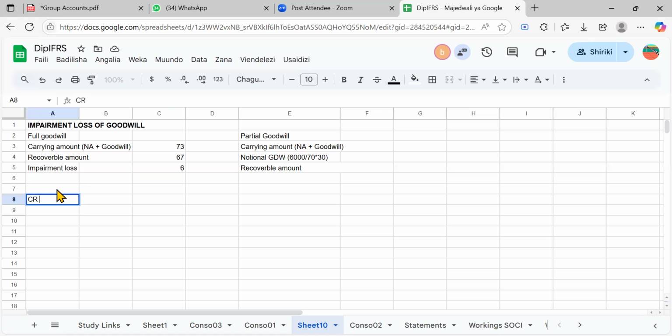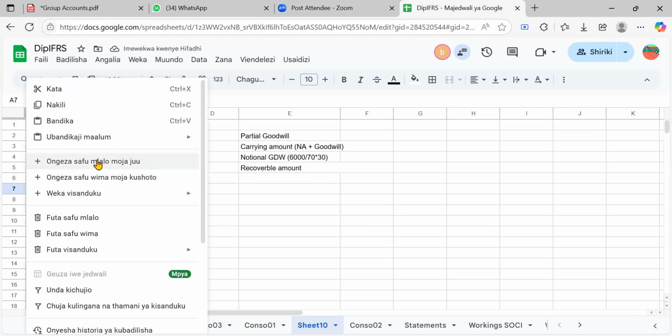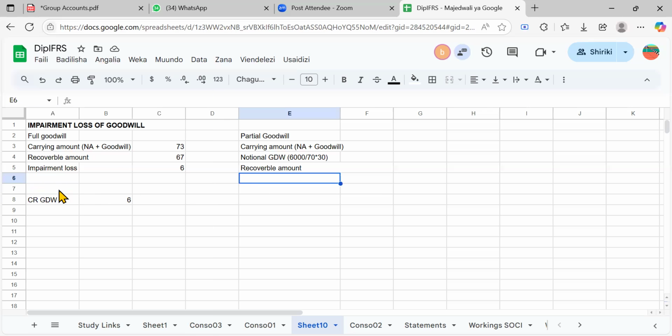I would credit goodwill. Goodwill is an asset, so I'm reducing it by 6. And then I'm going to debit the statement of profit or loss by 6.